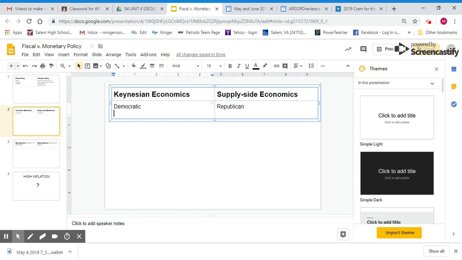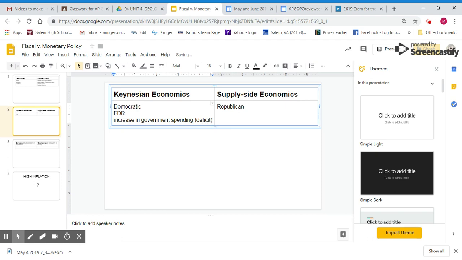What do you do if the economy's in a recession, or if you're in a depression? So we think of FDR. He was president during the 1930s, and Keynesian economics was the thing. And that is an increase in government spending, even if it means deficit spending.